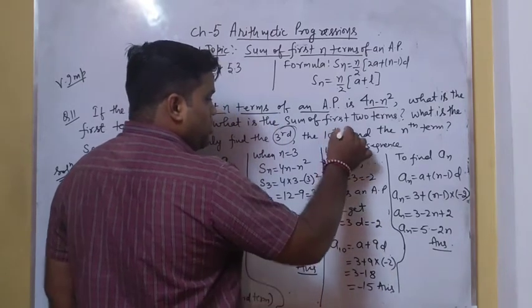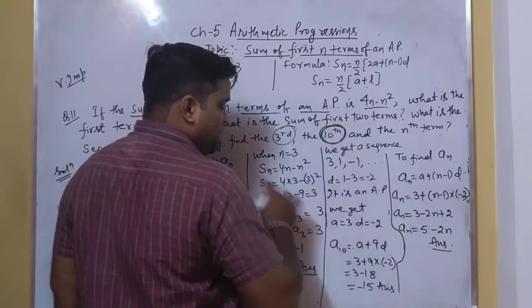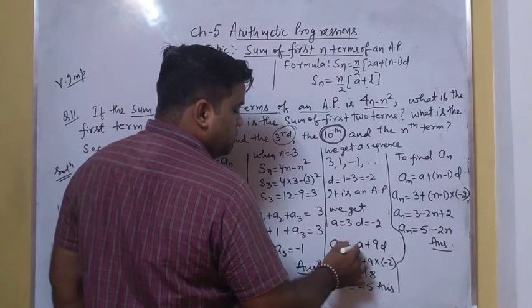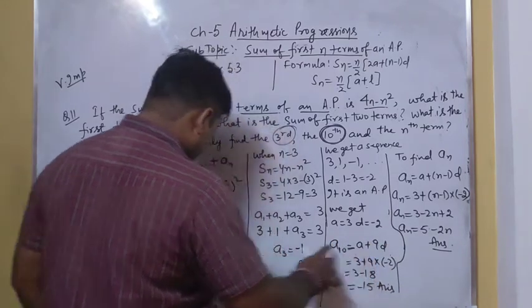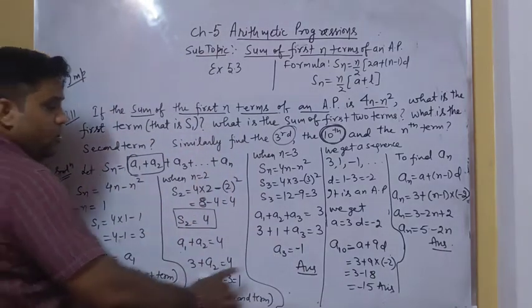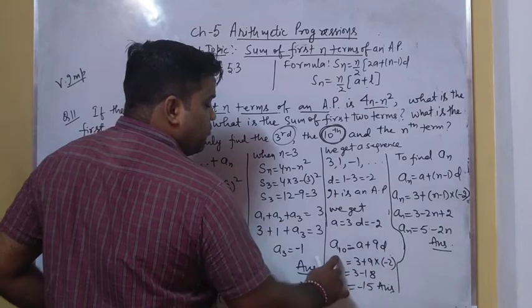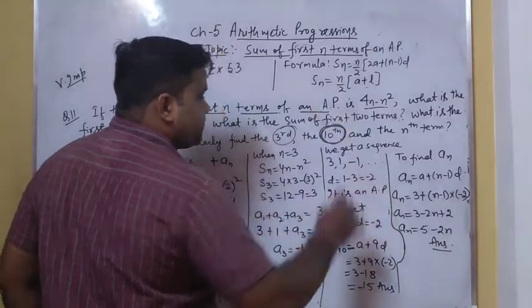As our requirement is to find the 10th term of that AP, we can write the 10th term as A10 equal to A plus 9D. On putting the value of A equal to 3 and D equal to minus 2, we get the value of the 10th term equal to minus 15.